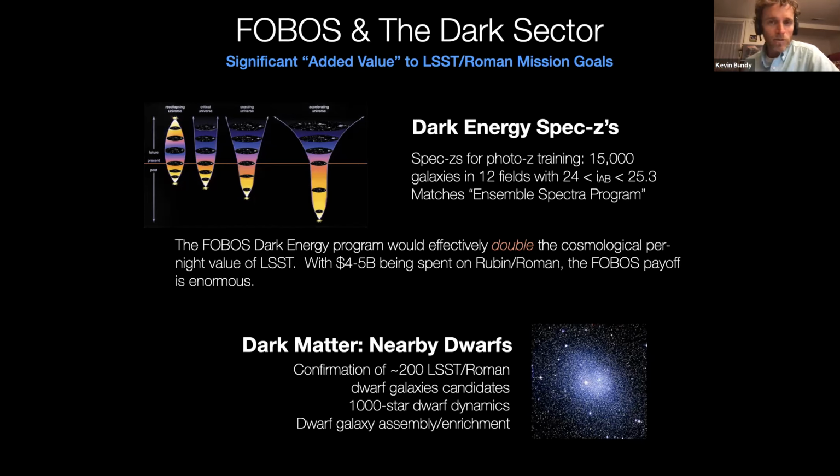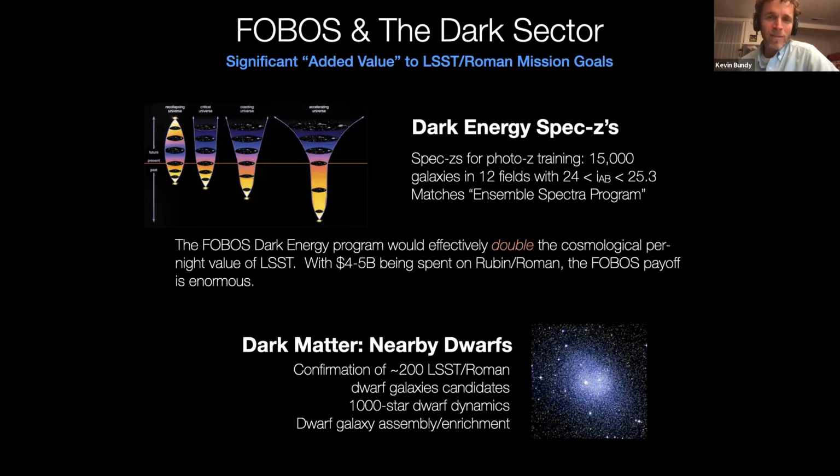So we can almost do a 2-for-1 here and satisfy the needs of both programs at the same time. This is, perhaps a little blasé science, just getting lots of redshifts, but it's absolutely critical to the cosmology community. And if you think of it in terms of being able to double the cosmological value of LSST, that seems like a pretty important role for Phobos to play.